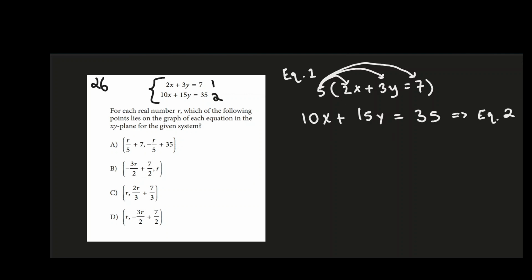So now that we know both of these equations are essentially the same, we can solve for x or for y. And in this situation, I'm going to go ahead and solve for x by replacing y with r.